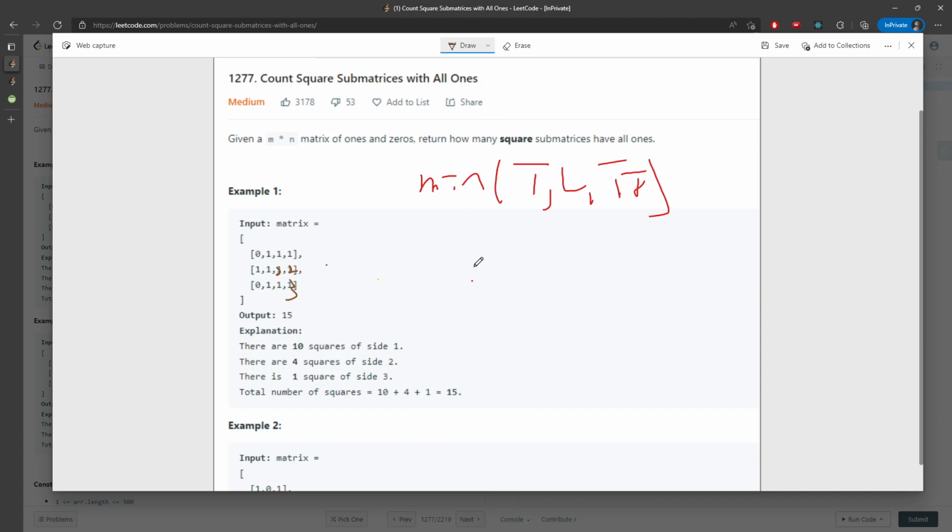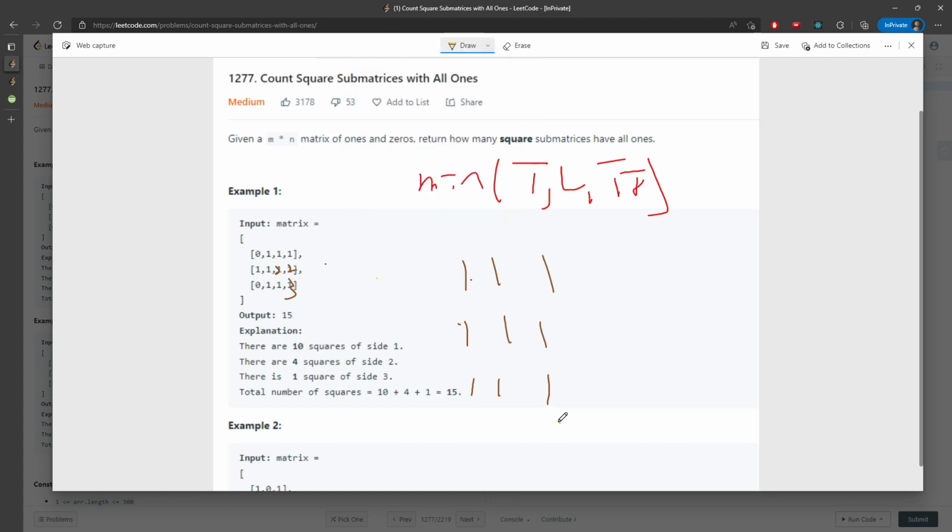So let me draw a better diagram. This is 1 1 1, right? I'm going to talk about the bottom right first, which is 3. So your current 1 is 3: the 1 by 1 counts as 1, the 2 by 2 also counts as 1, and the 3 by 3 also counts as 1, so this value is 3.